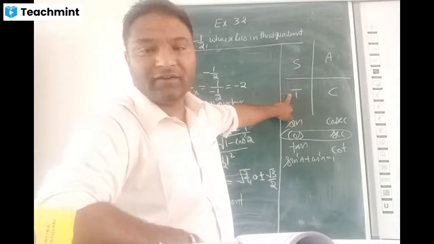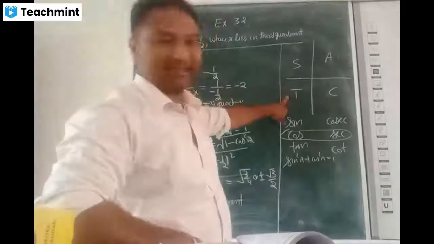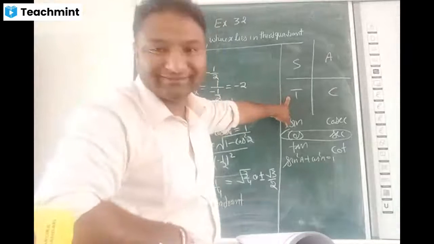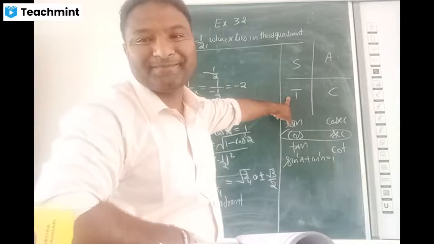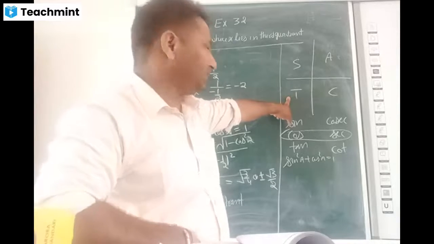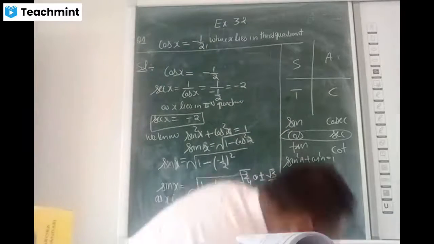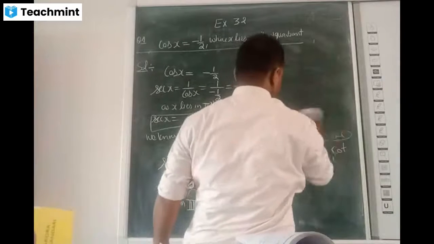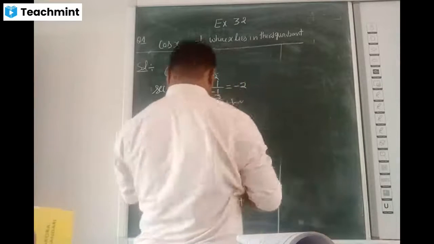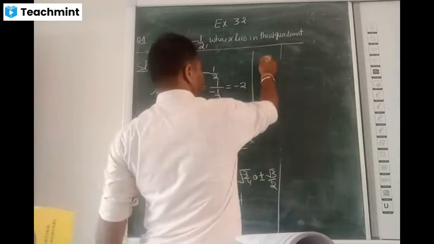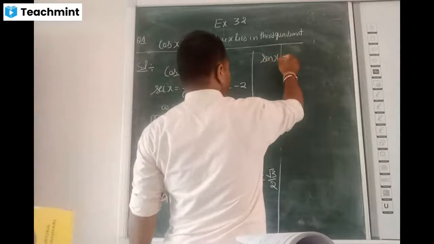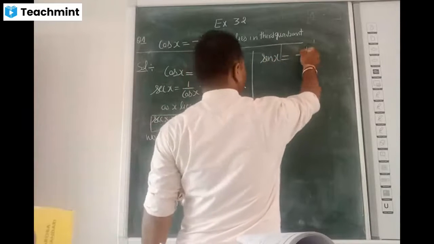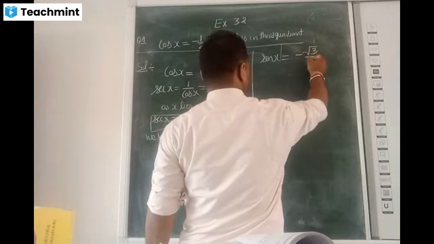What is the value of sin x, positive or negative? Negative. So sin x is minus root 3 upon 2.